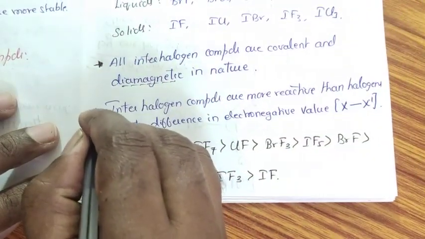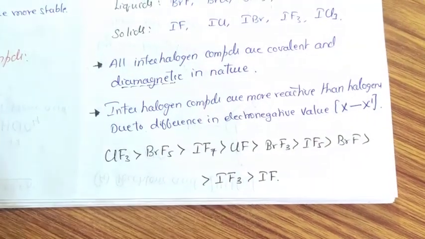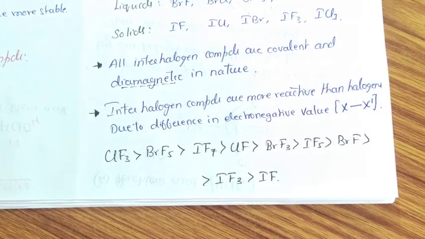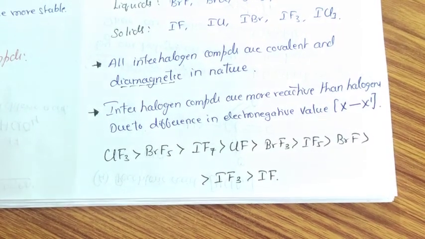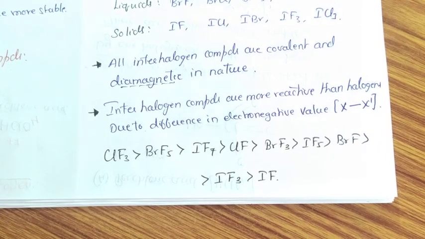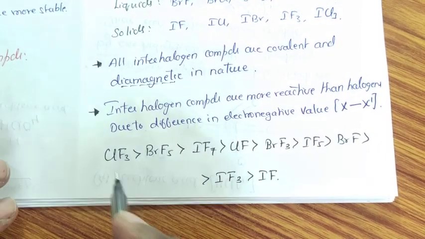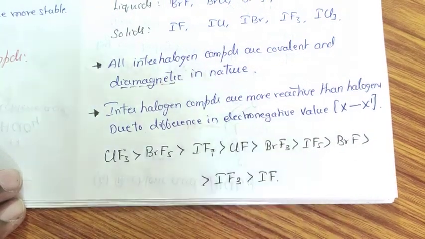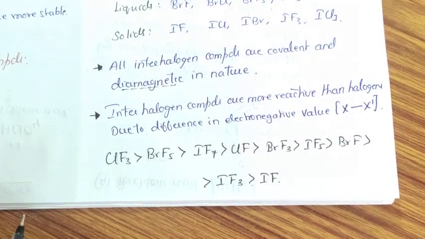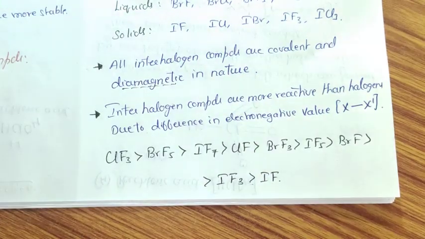Interhalogen compounds are more reactive than normal halogens due to the maximum electronegativity difference. So this is the order of reactivity of interhalogen compounds. Pause the video and please note it down.